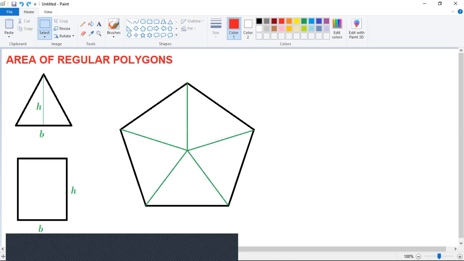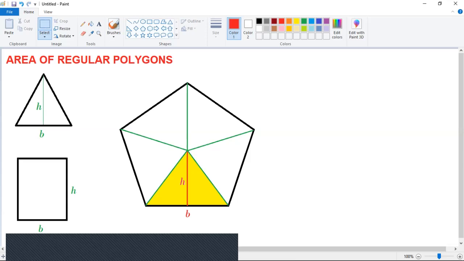Since we know how to get the area of a triangle, if we get the area of one triangle, then multiply it by 5, we get the area of the whole pentagon. With a triangle, we find the height and the base, use the formula half BH, and then we multiply it by 5, we get the area of the polygon.